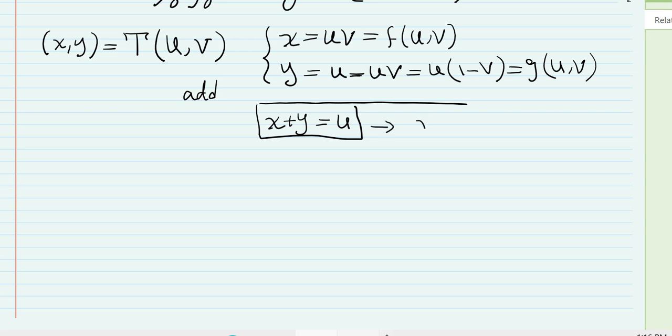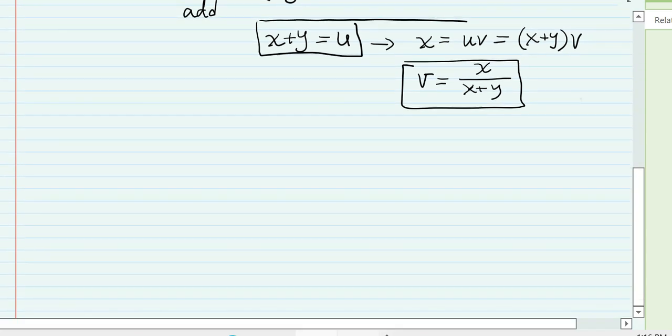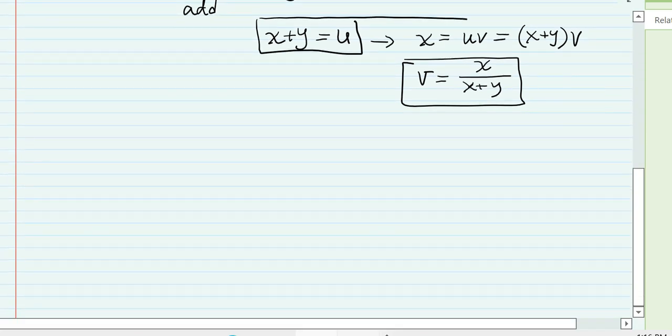And from this, since x is uv, we can replace u with x plus y times v and divide both sides by x plus y, and we now have v as a function of x and y. The reason we need to do this is that under this new transformation, we need to be able to find the limits of integration.